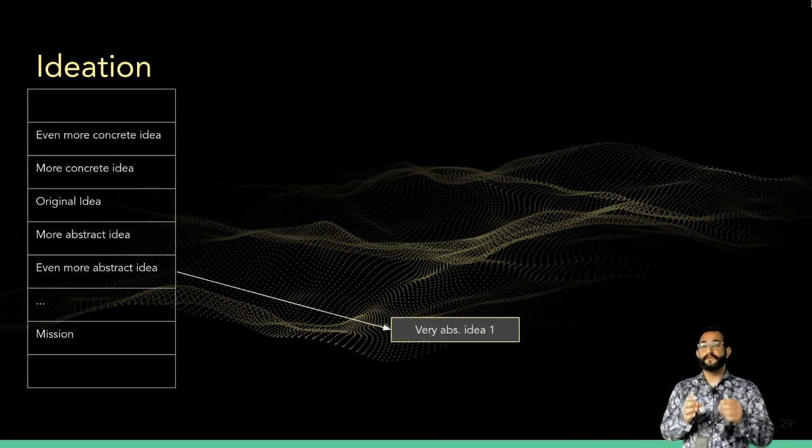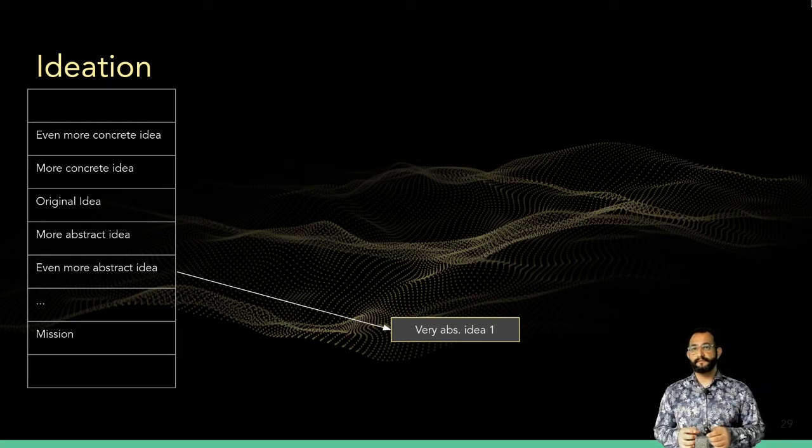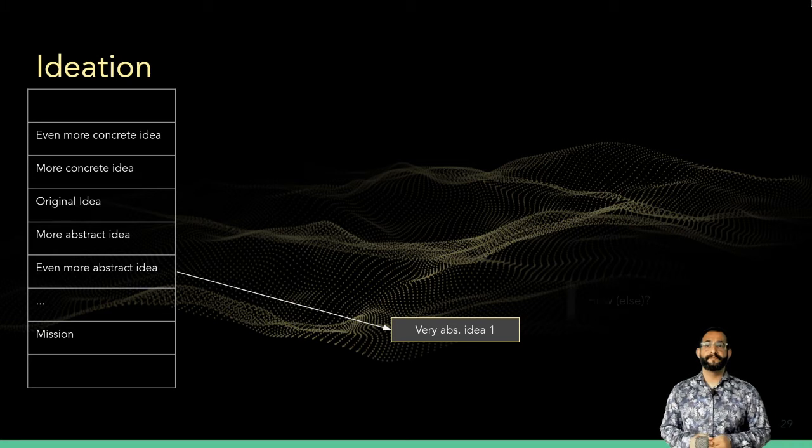Now, pick one of those layers that feels fairly abstract and call it very abstract idea number 1. Where you start depends on how many ideas you want to generate. The more abstract you go, the more concrete ideas you will generate at the end. But don't get too overambitious.